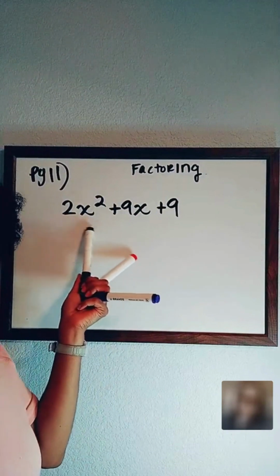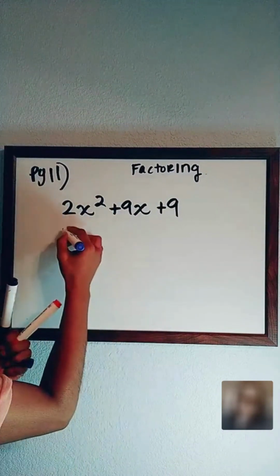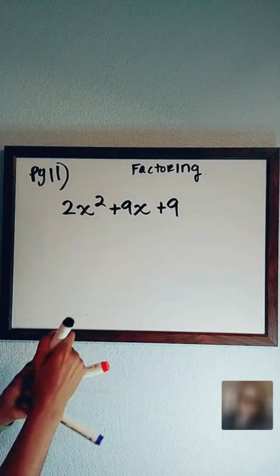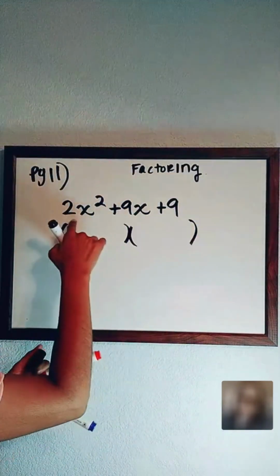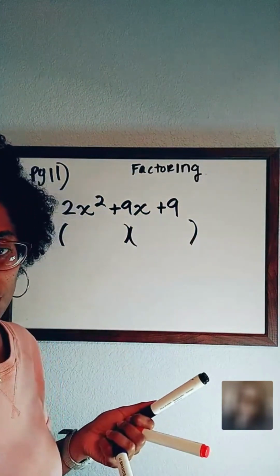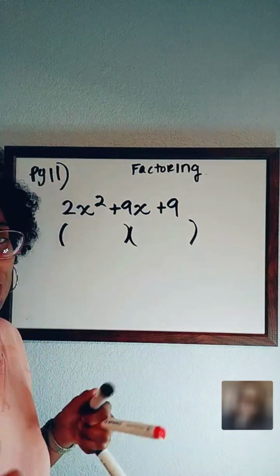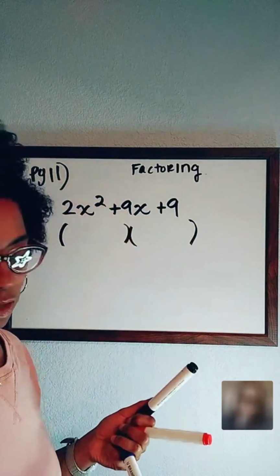This is different because we usually don't have a number in the front. So that lets us know right there we got a little something extra going on. You can still do the same thing because the number 2 only has the factors of what? There's only 2 factors for 2. So this one is not a super big number, and then this is a 9. So you can still kind of do the same thing.